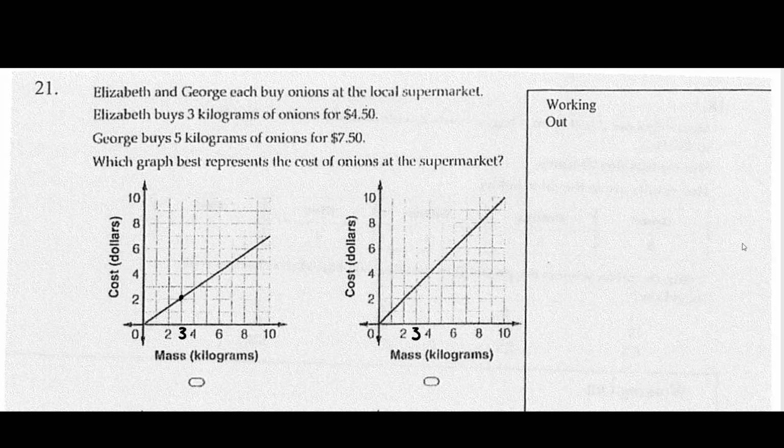What about here? That's where 3 is, and that's $3. So that's where the 3 is there, and we read it off, and that's 3 there. And here, that's 3, and that's 2. So no, we need it to be $4.50.